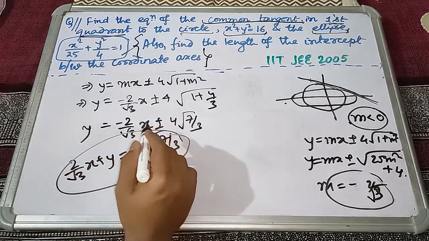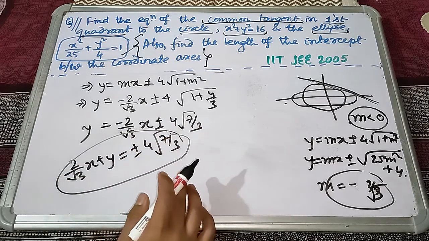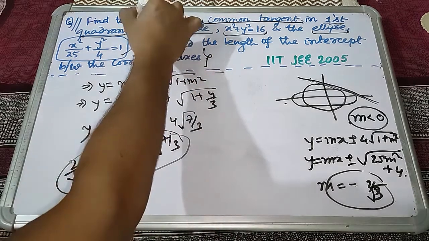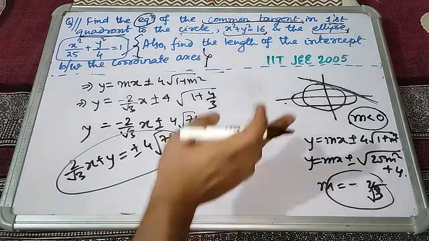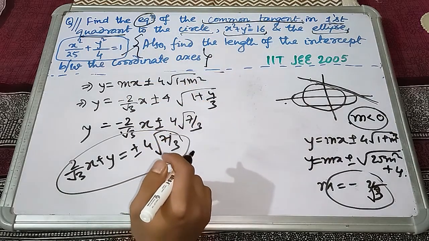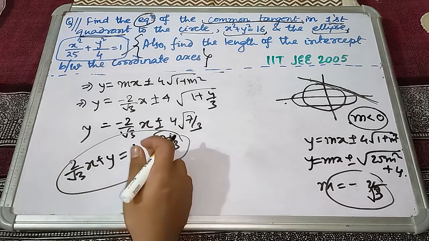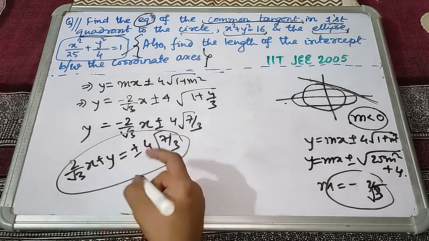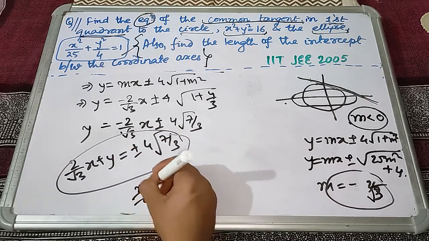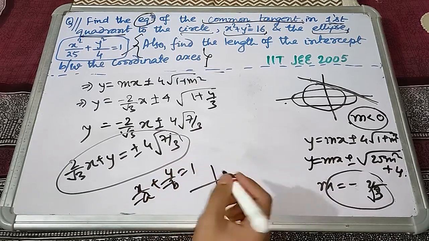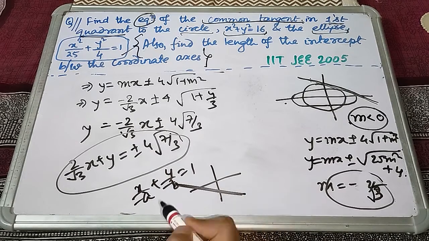Now these two are the equations of your tangent, but we need only one. Find the equation, not equations, in the first quadrant. Which one will give the first quadrant? If this x is negative, it will become something like x/(-a) + y/(-b) = 1, and this equation will give a tangent like this.